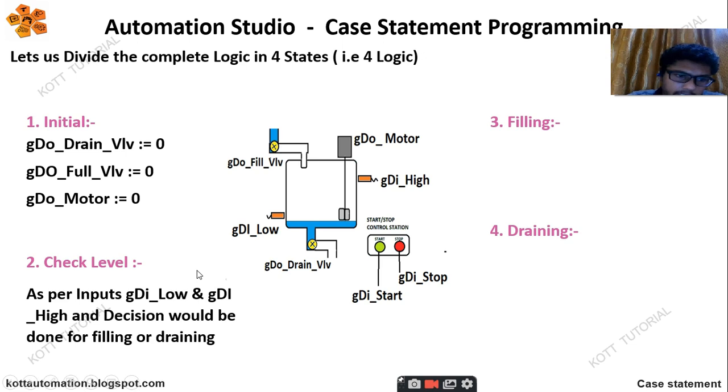In the check level state, the low level input and the high level input will be analyzed. If the water is below the low level sensor, the filling cycle will start, and if the water reaches the high level sensor, the draining cycle will start. So this decision whether to start the filling state or the draining state will be decided here in the check level.